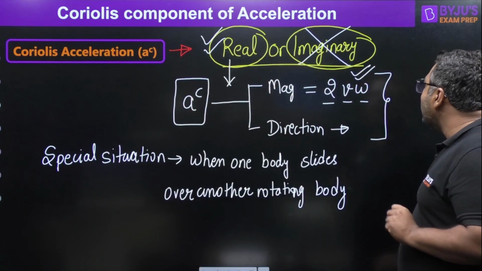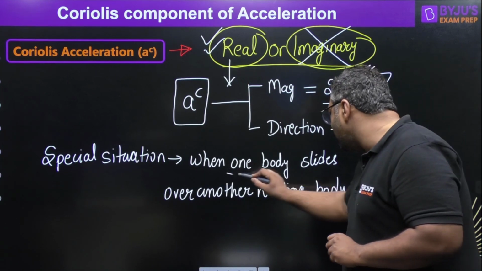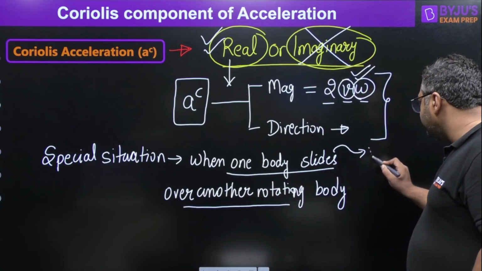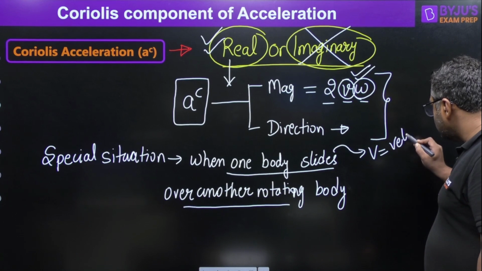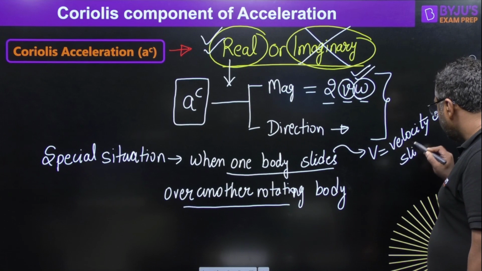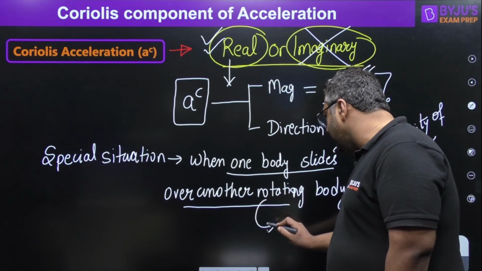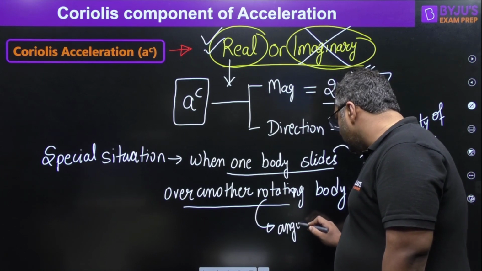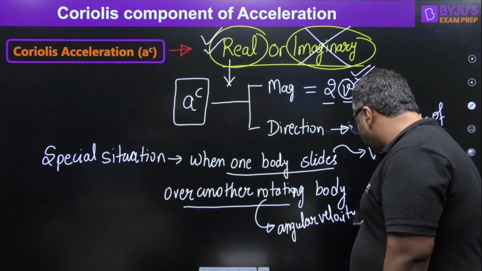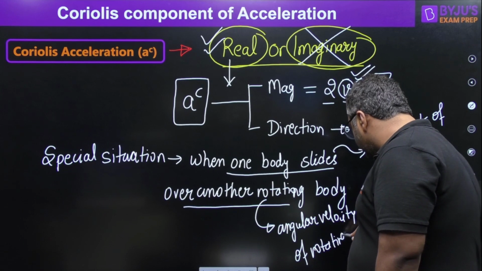Now it is time to tell you what omega is and what v is. You know it comes when one body slides over another rotating body. So my dear, this v is nothing but the velocity of the slider, the sliding velocity of the slider, and omega is the angular speed or angular velocity of the rotating body.